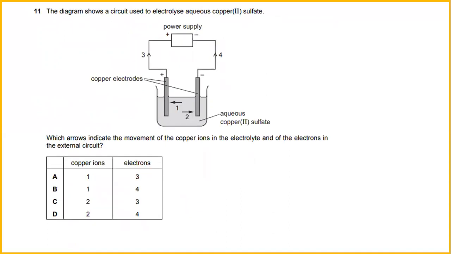The diagram shows a circuit used to electrolyze aqueous copper(II) sulfate. Which arrow indicates the movement of the copper ions in the electrolyte and of the electrons in the external circuit? For the copper ions, it will be number 2, and for the electrons, it will be number 3.